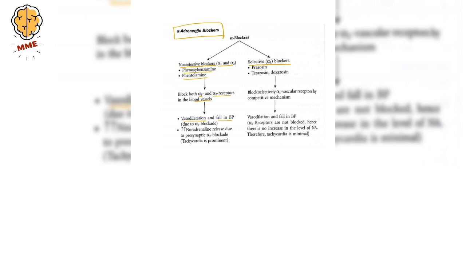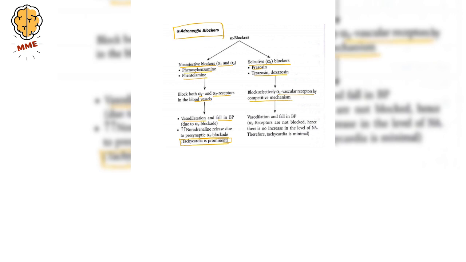Vasodilation will be caused and there is a fall in BP, and there will be a huge increase in noradrenaline release due to presynaptic alpha 2 blockade. Tachycardia, which is one of the most adverse effects, is very prominent. Among selective alpha 1 receptor blockers, we have prazosin and terazosin. Prazosin blocks selectively alpha 1 vascular receptors by a competitive mechanism.